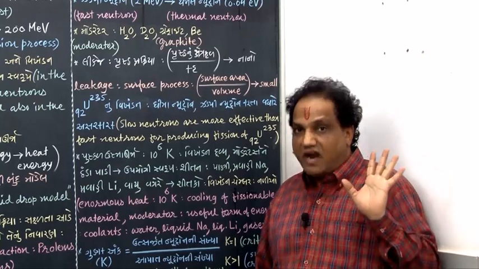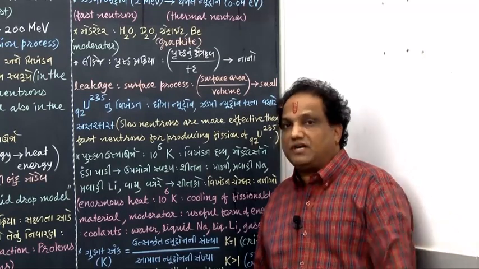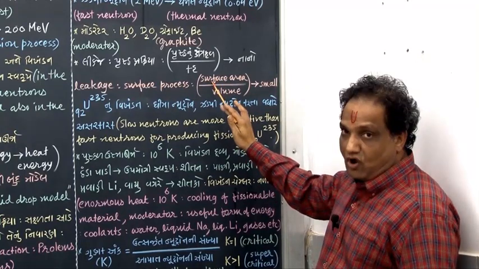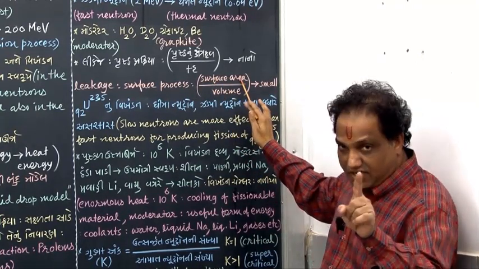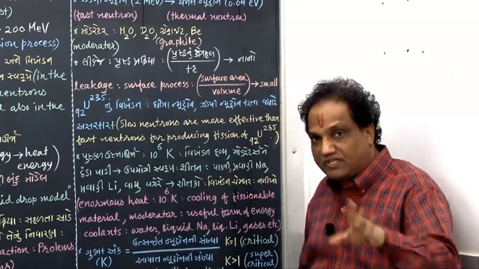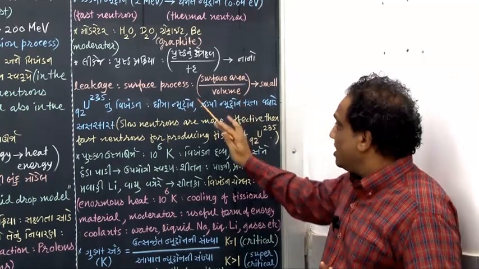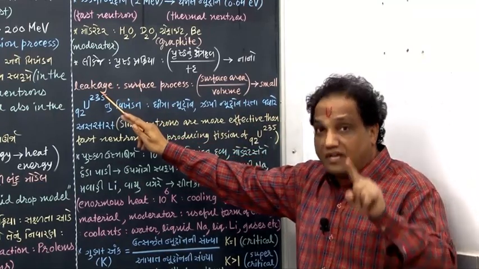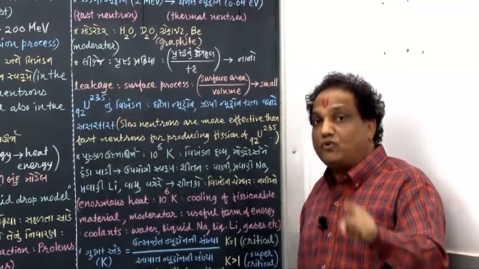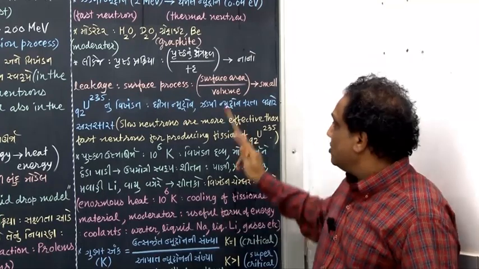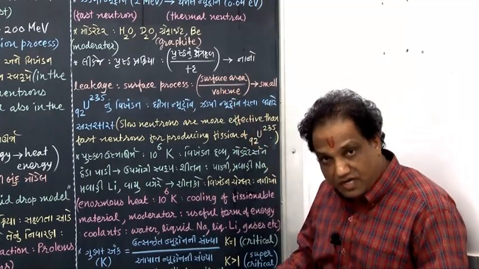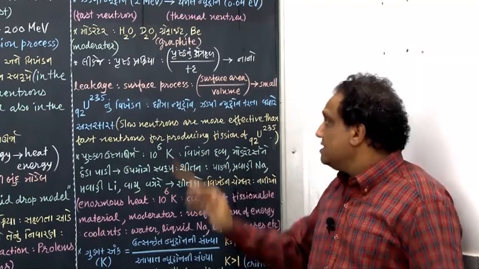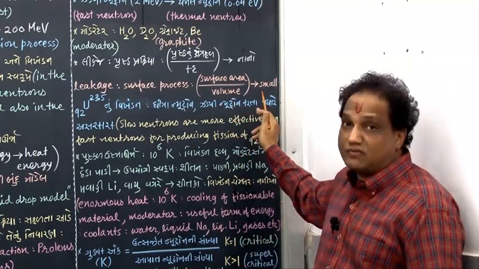Practically we find that the rate of leakage depends on the ratio of surface area of fissionable material to the volume of that fissionable material. As you reduce this ratio, the leakage rate decreases, correct? So to minimize leakage, you should minimize this ratio, and that is how we arrange the fissionable material such that this ratio is very small.